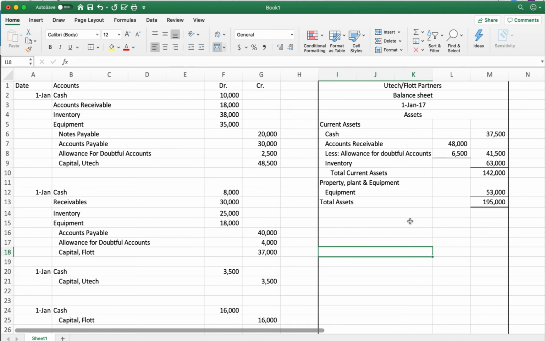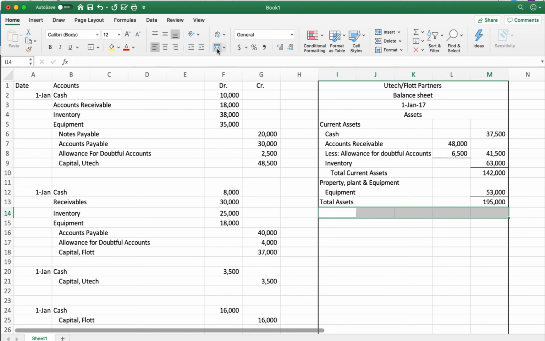Okay. Now we can do the second part of the classified balance sheet, and we could do the liabilities and owner's equity section. Well, in order for me to do that, I need to put in that title, right? So I'm going to select all of these three columns that are underneath total assets.